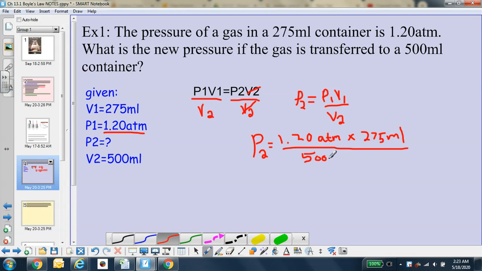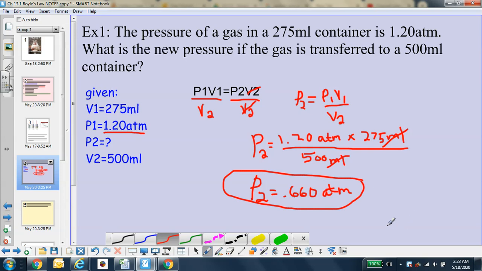And what is the unit that is going to cancel off and go away? Milliliters. So in your calculator, you want to take 1.20 times 275 divided by 500, and that gives us our answer for pressure 2 as 0.660 atmospheres. And that is the answer that we're after.